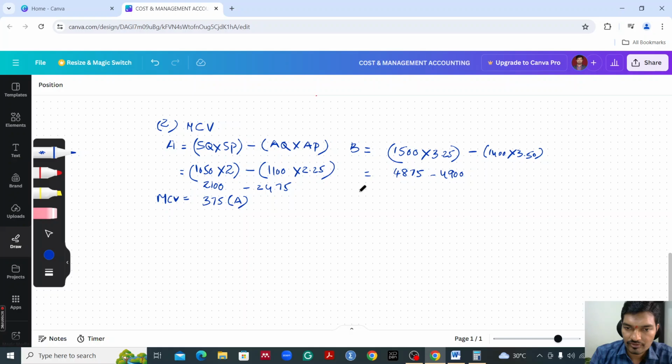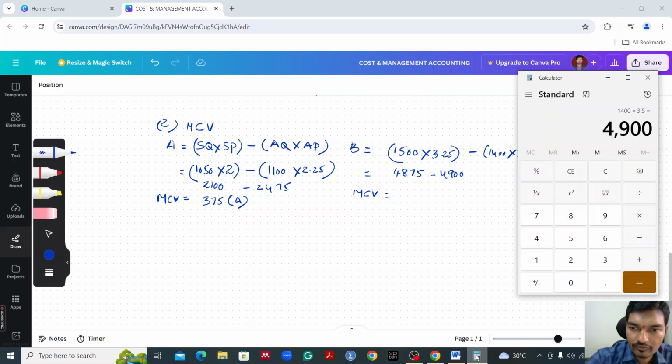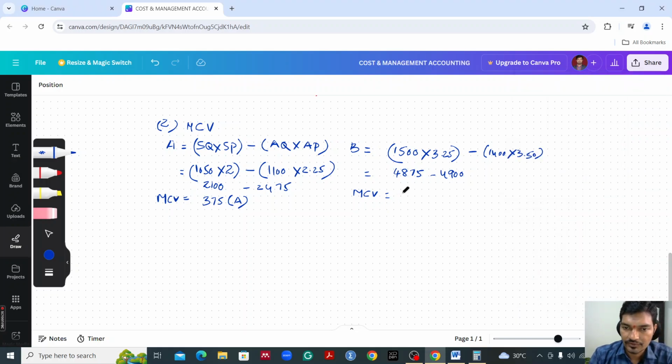The material cost variance for product B, again we have got a negative value of 25. 25 is adverse.